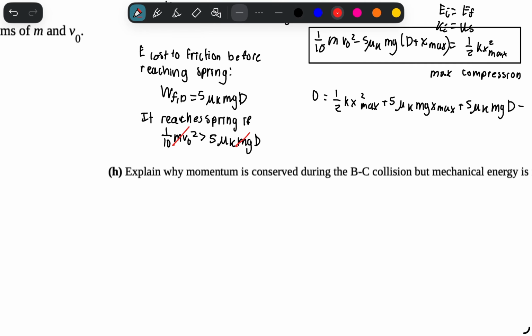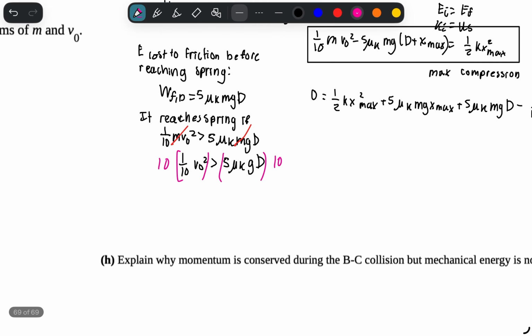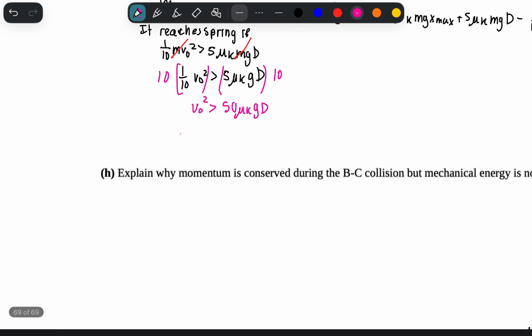So you cancel m. Your condition is now this. Then you can multiply both sides by 10. So that's true. So if this is not true, then the object stops before reaching the spring.